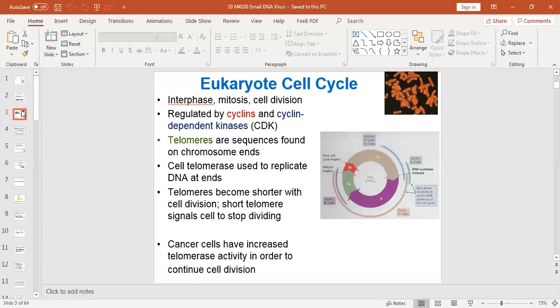The cells stop dividing. They either undergo something called senescence or they just die. And cancer cells have increased activity of this enzyme telomerase that will act on telomeres and confers a continuous cell division property to the cells.